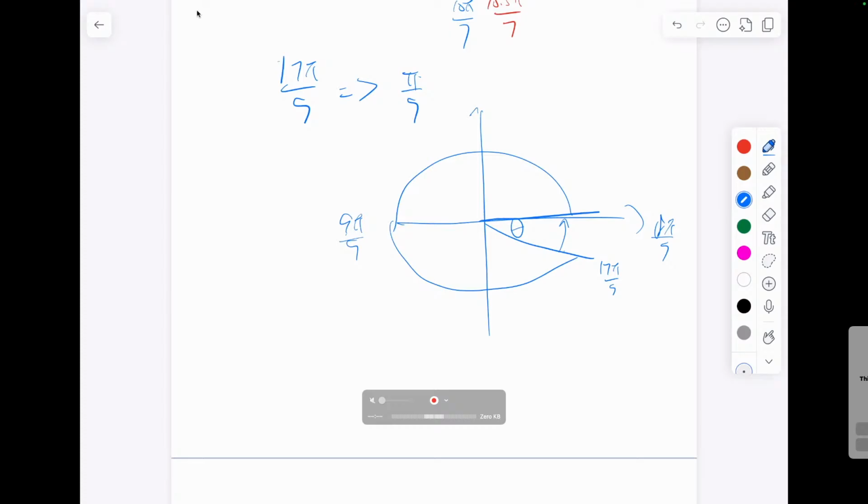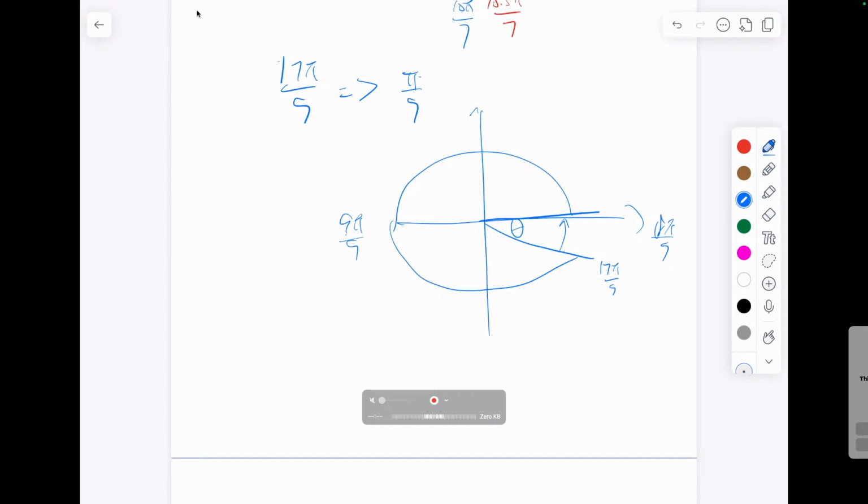Now I'm going to show you a harder way. Sine squared theta plus cosine squared theta is equal to 1. Now this is a harder way. Can I replace sine theta with 3/5? 3/5 squared is 9/25, plus cosine squared theta equal to 1.